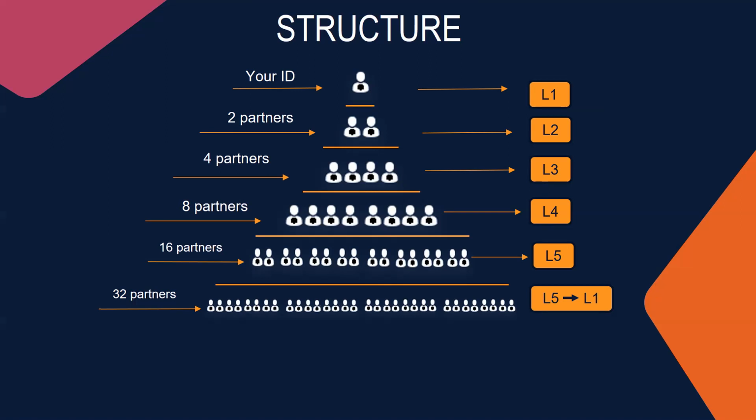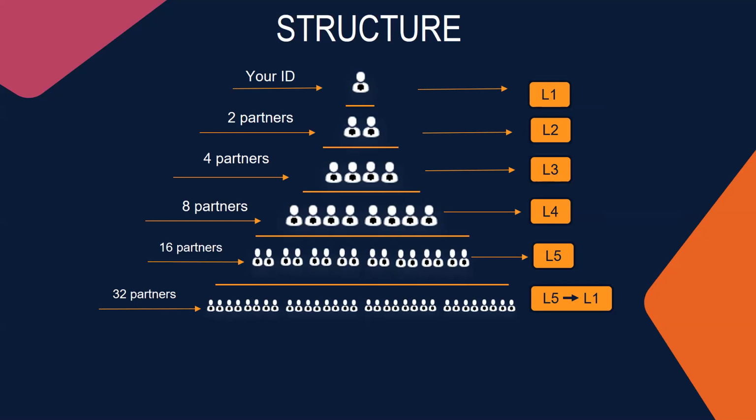So we said partner and we said referrals. Partners are the guys who are forced under you. You didn't bring them, but in the structure of your matrix, you have them under you. These are forced by the matrix under you. Your referrals are the guys who came to the system via your link, and you're going to get a commission out of that referral.